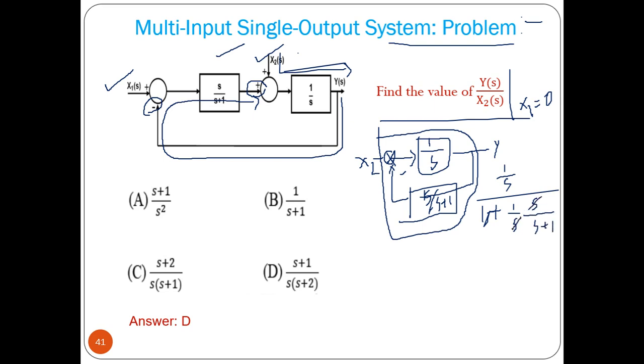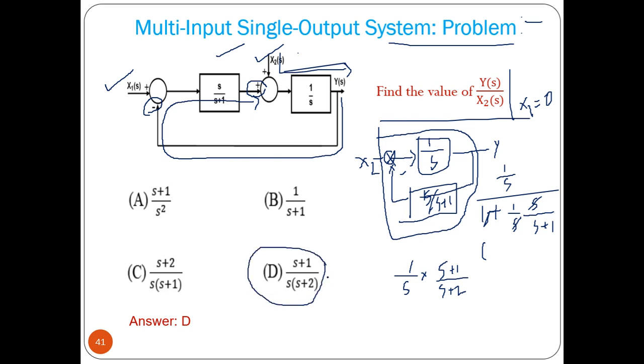So s and s cancel out. If you add these two, what you will get here is 1 by s into s plus 1 at the numerator, and the denominator will be s plus 1 plus 1, so s plus 2. Okay, so the answer is s plus 1 divided by s into s plus 2.